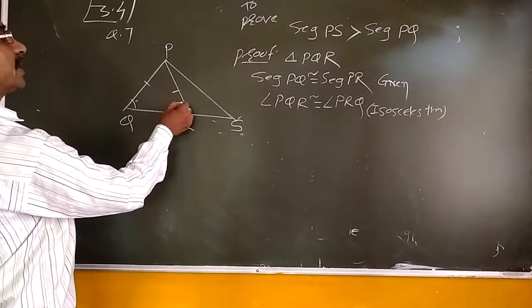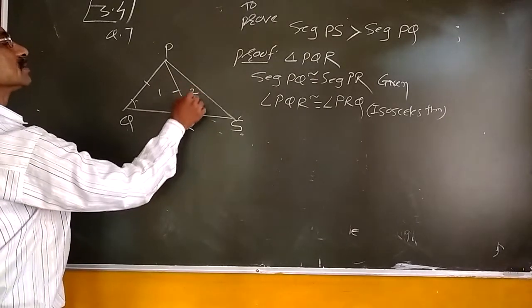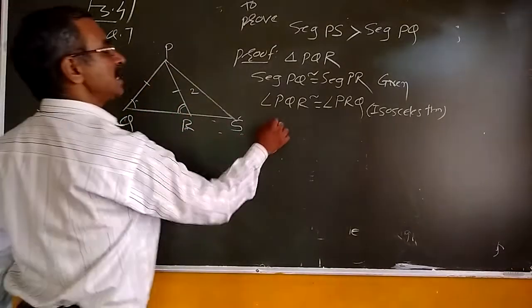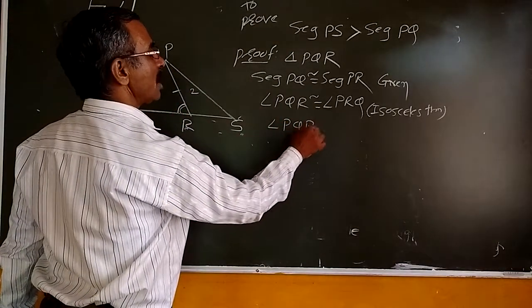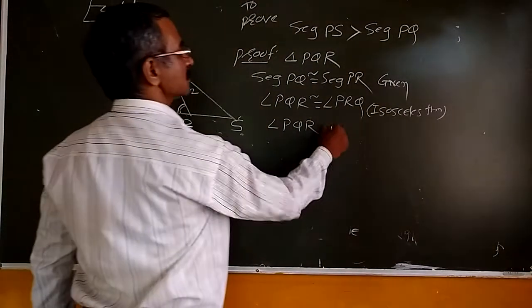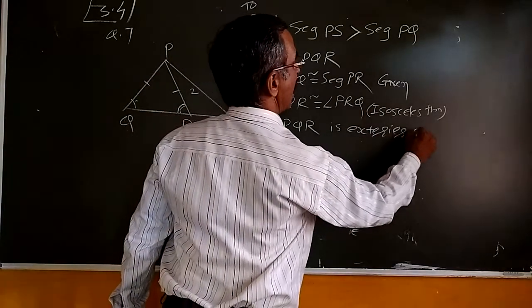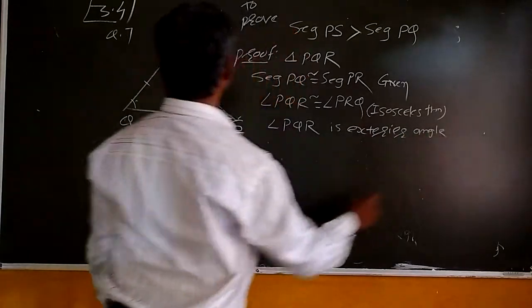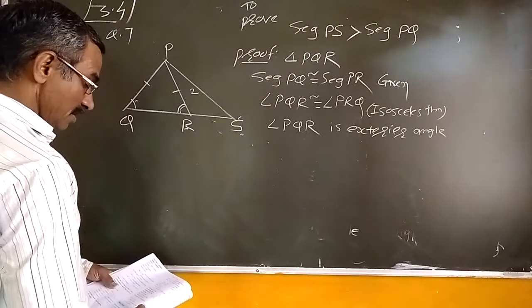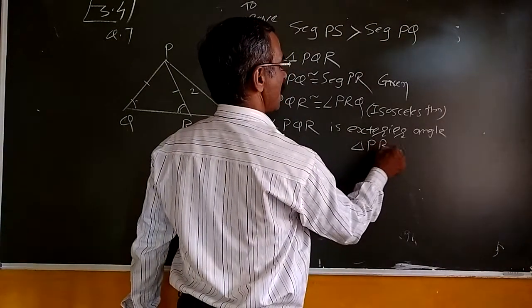Here we observe these two triangles. Angle PRQ is an exterior angle of triangle PRS.